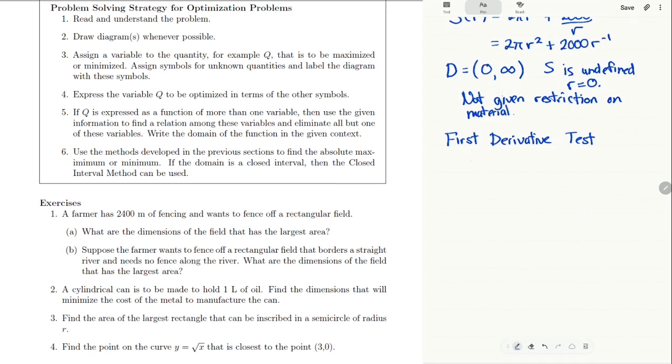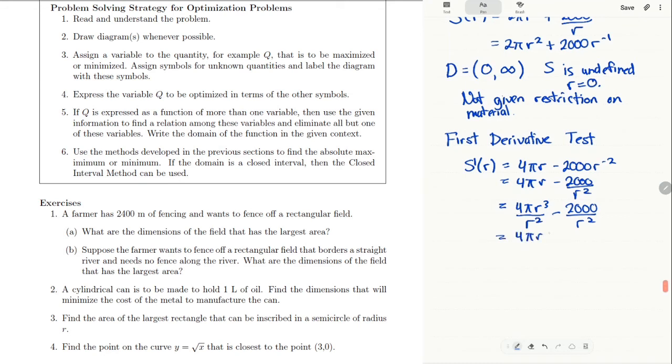So let's calculate the derivative. S prime of r is 4 pi r minus 2000 r to the negative 2. Now we can rewrite this as 4 pi r minus 2000 over r squared. We'll make a common denominator of r squared. Multiplying the 4 pi r by r squared over r squared, we get 4 pi r cubed over r squared minus 2000 over r squared.